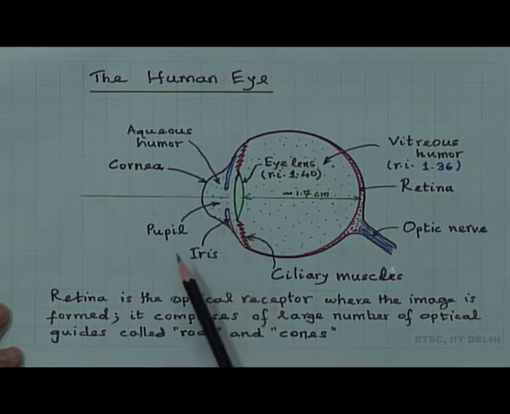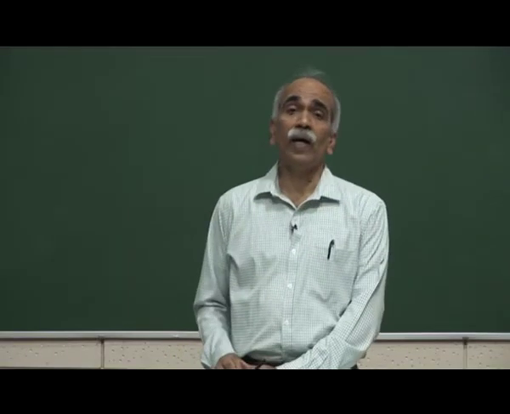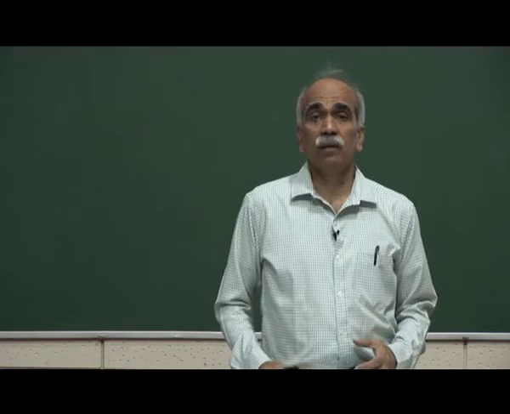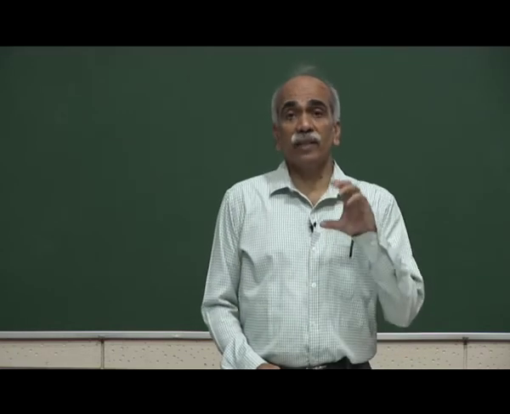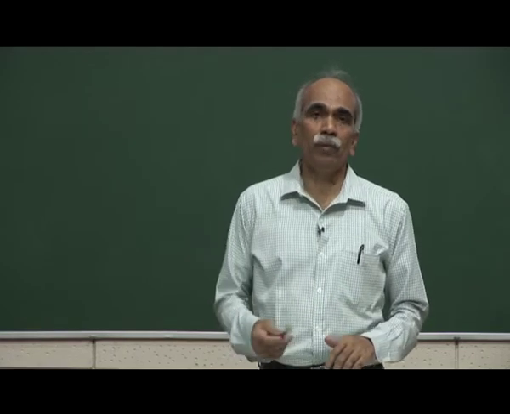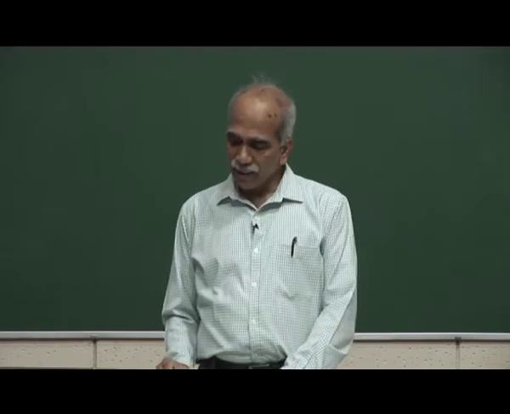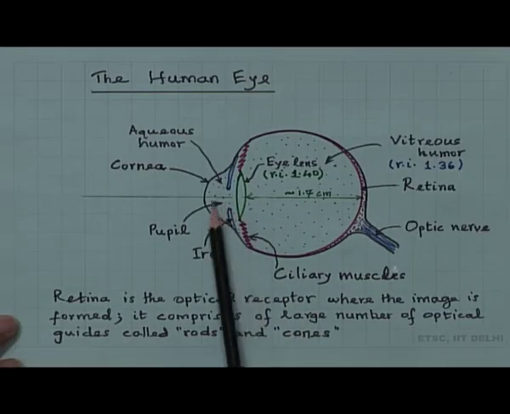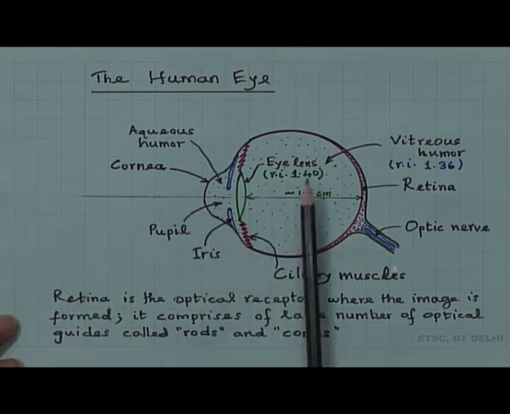The eye adjusts itself depending on the intensity of light that is incident, or depending on the ambient light. The iris, the adjustable diaphragm, adjusts the hole size anywhere from 2 millimeter to 8 millimeter. Both the chambers here are filled with a transparent liquid.